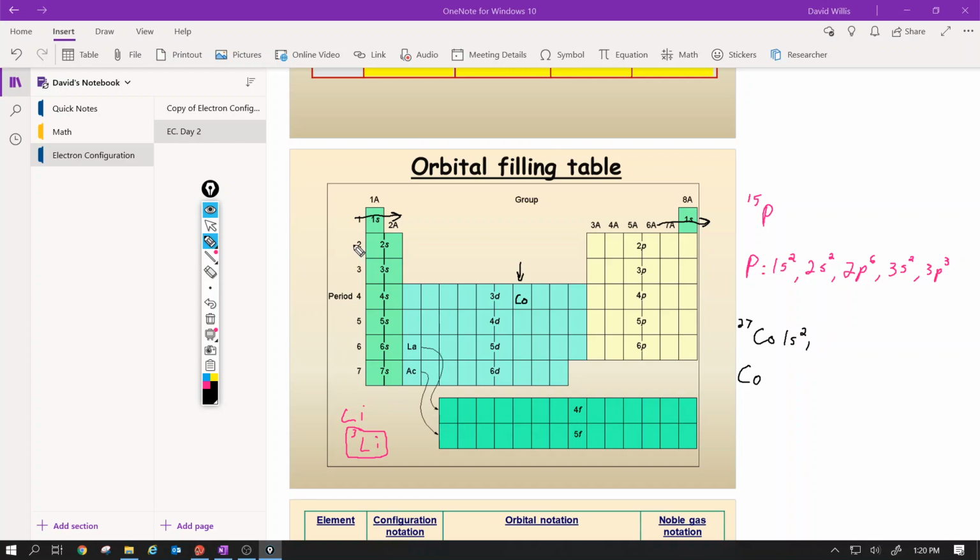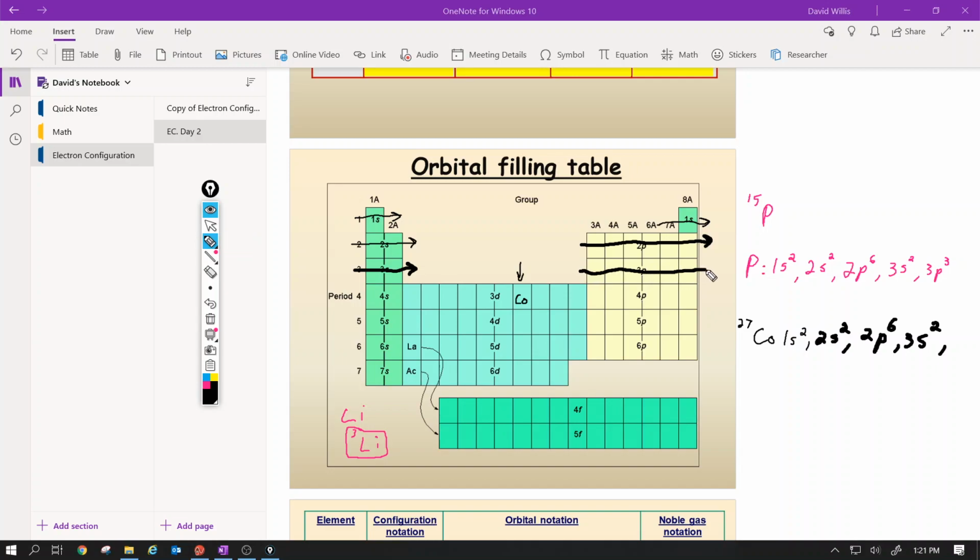Go to the next row. 2s2. And then 2p6. 3s2. Next is going to be 3p6.